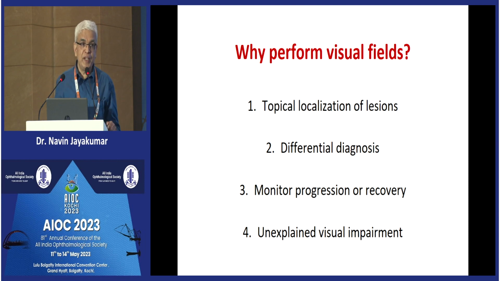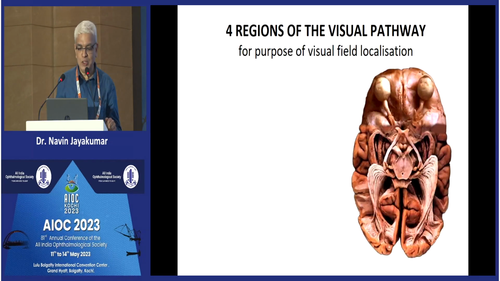To monitor progression or recovery, Himalini spoke about idiopathic intracranial hypertension. How do I know that the optic nerves are getting better apart from looking at it? Is to do the visual fields, or is it getting worse? In which case, the fields would get worse. And last but not the least, any patient with unexplained visual impairment or some disturbance in vision. But today, let's focus on the first one.